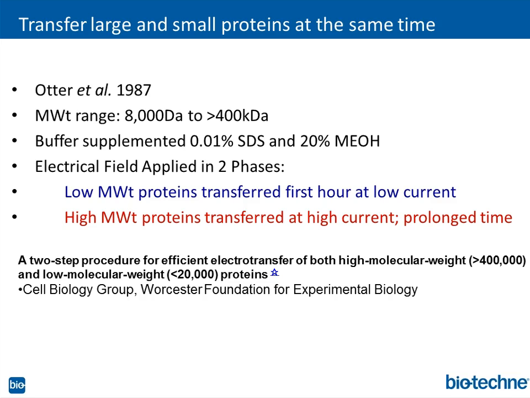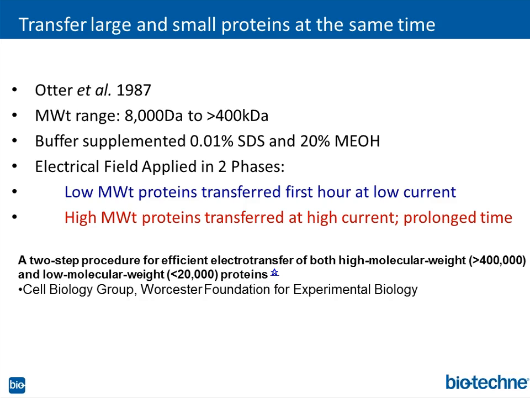And guess what the problem is? If you're not solvated, if you're not in solution, you're never going to move in an electric field. So by adding a little bit of SDS, the purpose is to get those large proteins to resolubilize and get caught up in the current or the electric field. That way, you're going to get good transfer with these guys.